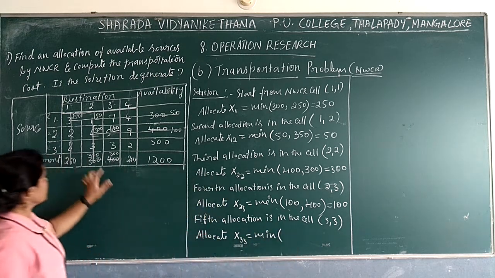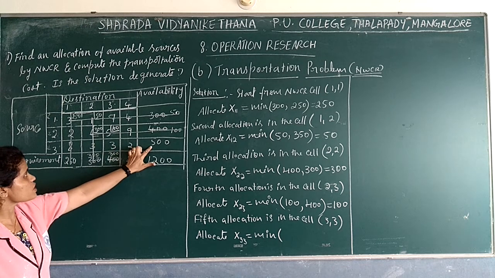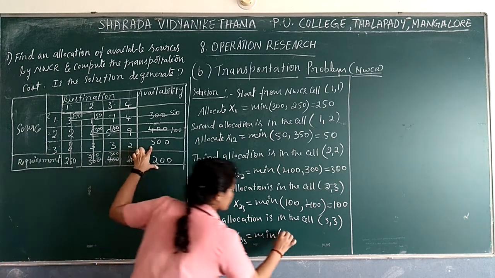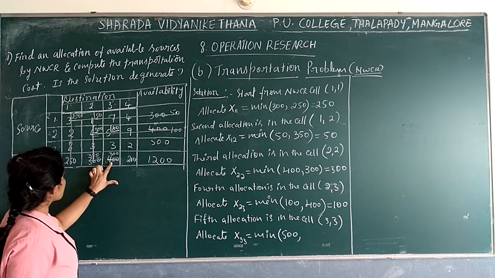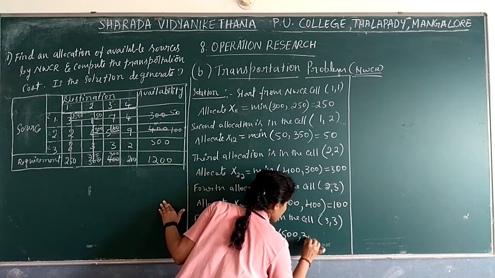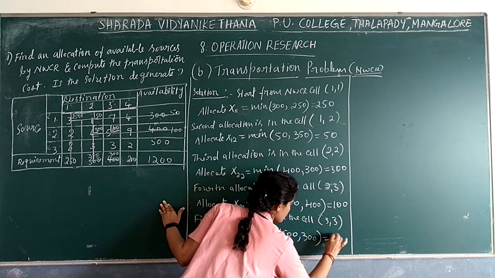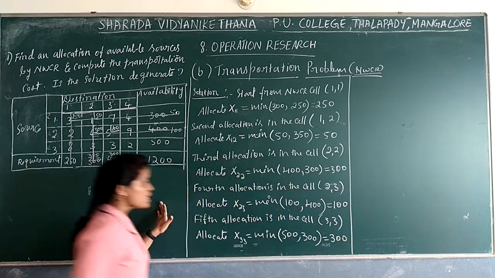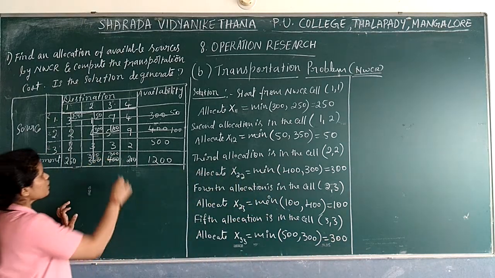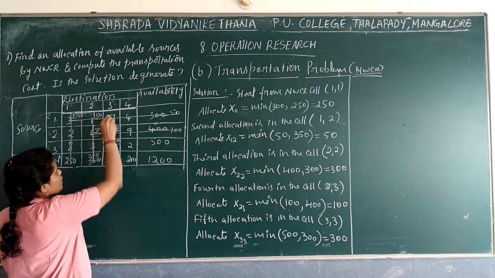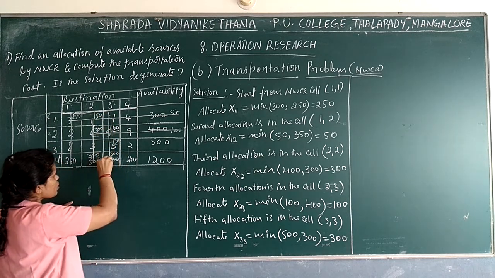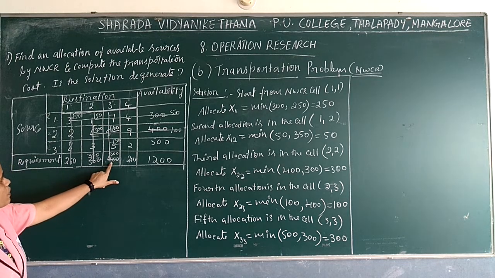Now see, for this particular row, what is their availability? 500. Availability is 500, then requirement is 300. We can satisfy their requirement, so here they are allocating 300. Now this requirement got over.